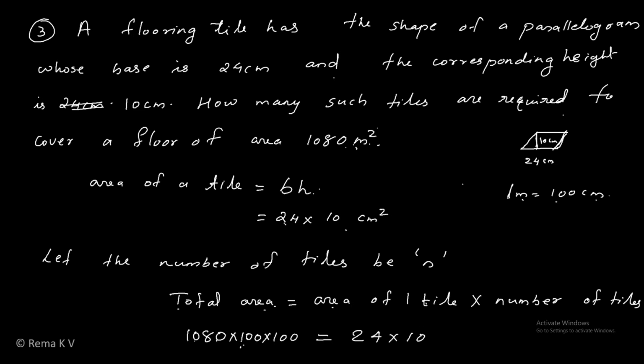24 into 10 into the number of tiles is taken as n. This is unknown here, so we are writing it as n itself. From this you can find the value of n. Transpose these terms to left side.